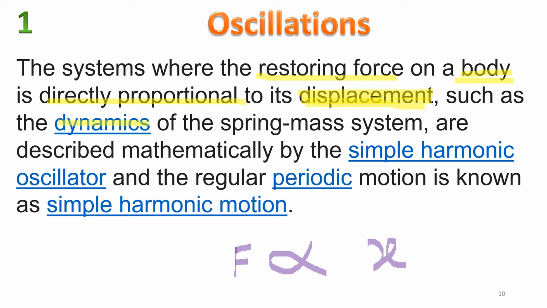the dynamics of the spring-mass system, which we have seen, are described mathematically by the simple harmonic oscillator. Now, simple because the motion is simple, harmonic is the kind of mathematical component appearing in it, and oscillator means a system which oscillates about the mean position, goes to extreme right and extreme left, and shuttles between these two extremes through the mean position.